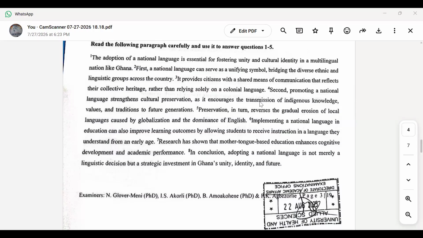Then the concluding sentence is sentence 8: adopting a national language is not merely a linguistic decision, but a strategic investment in Ghana's unity, identity, and future. So topic sentence is 1, major is 2, 4, 6, minor is 3, 5, 7, and the concluding sentence is 8.